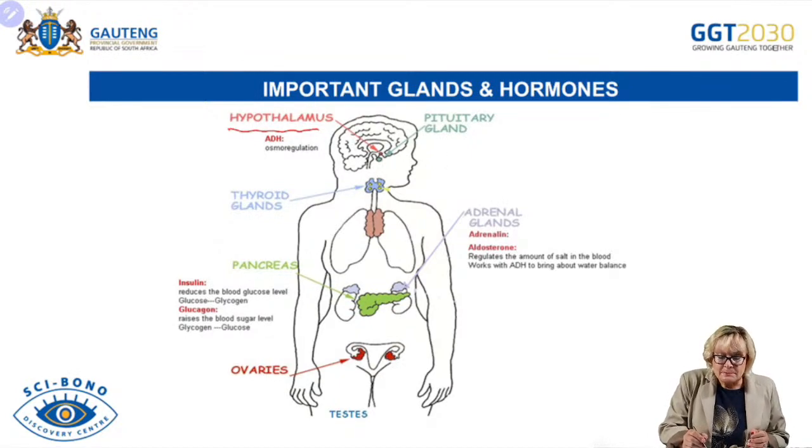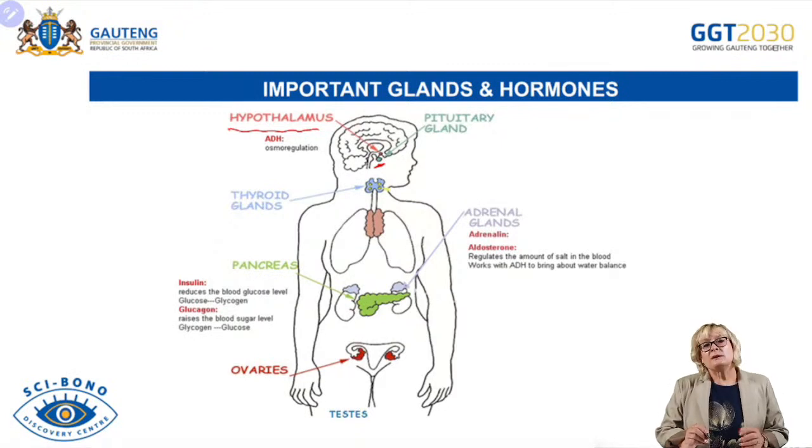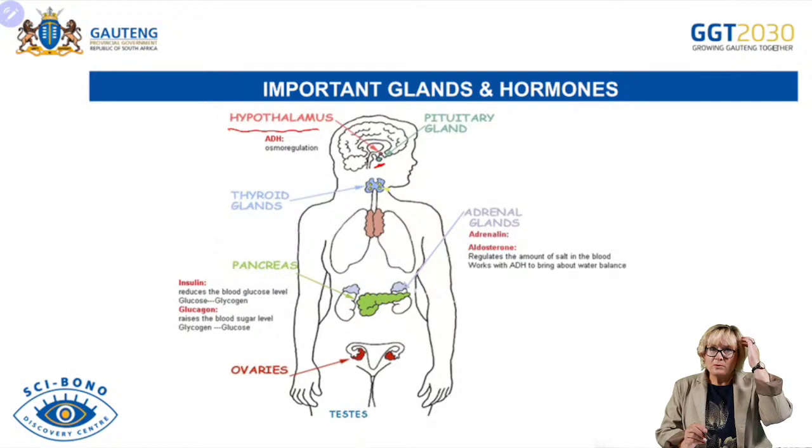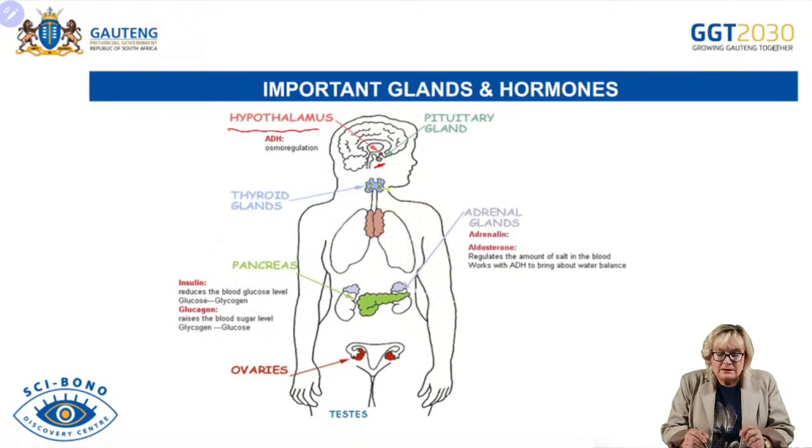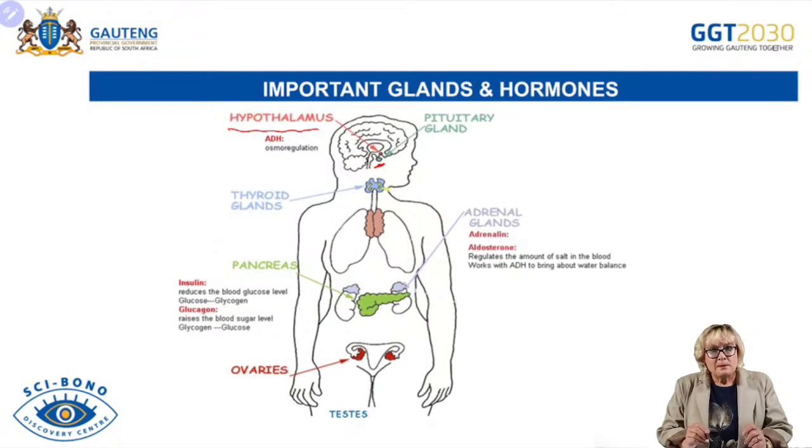Now, can you see the pituitary gland is that small little structure that we have there at the bottom of the hypothalamus. So when you read about a hypothalamus, you must immediately know, all right, that's part of my brain. And at the bottom of the hypothalamus, there's that small little gland called the pituitary gland. All right, so that's the first one that's very important.